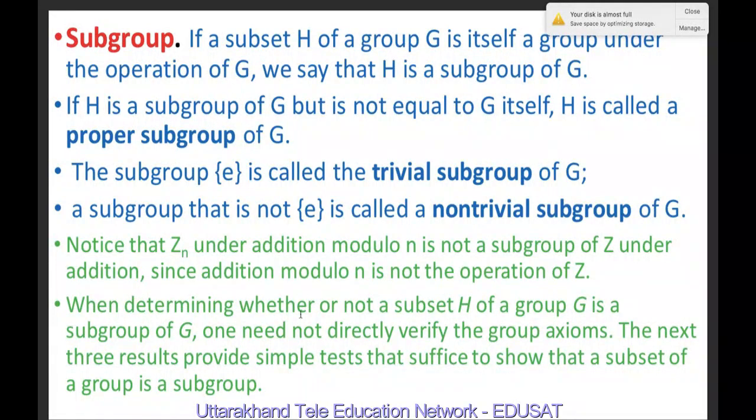When determining whether or not a subset H of a group G is a subgroup of G, one need not directly verify the group axioms. The next three results provide simple tests that suffice to show that a subset of a group is a subgroup.